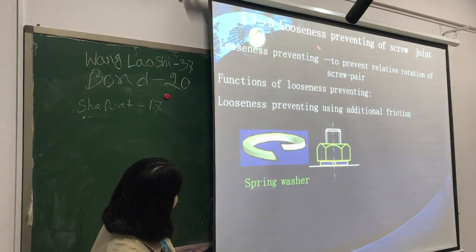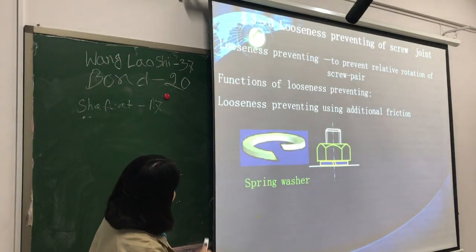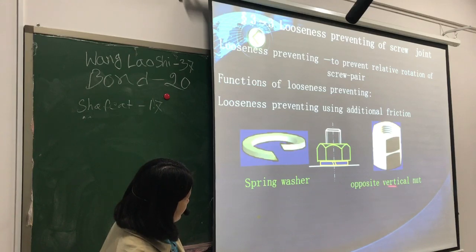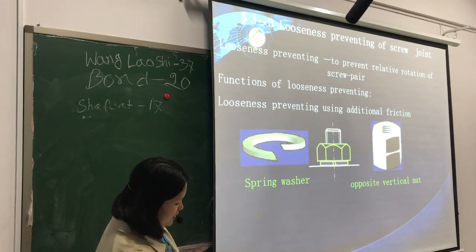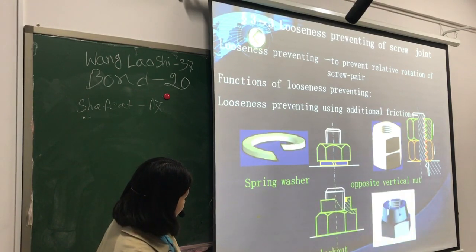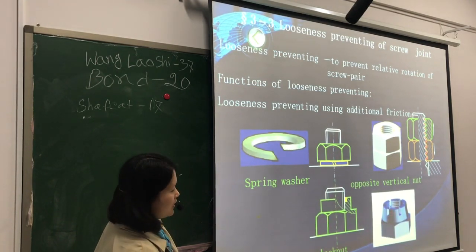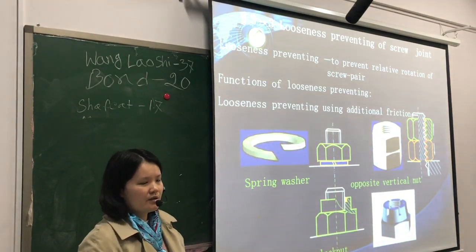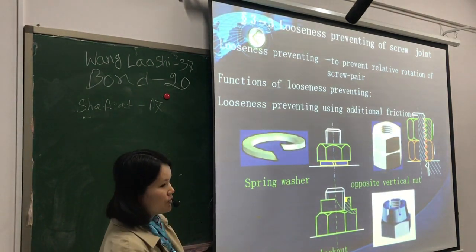We call this loosening. And to prevent loosening, we can use a spring washer like this, or a toothed lock washer like this, and also use a lock nut like this. These increase the friction to prevent loosening.